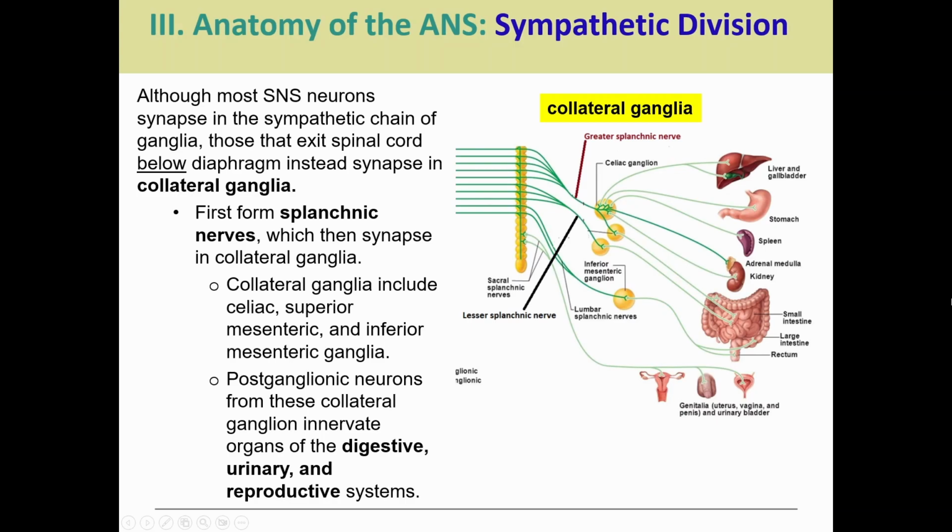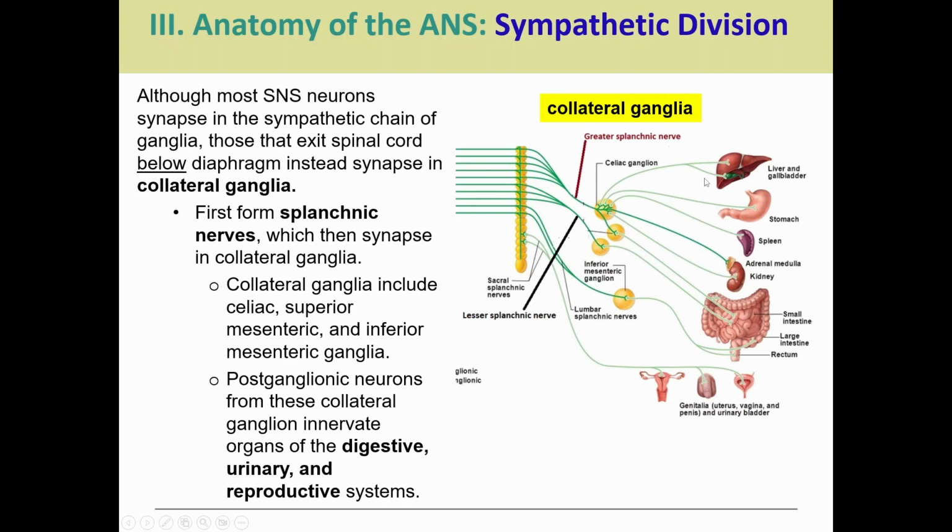Most of the sympathetic nervous system neurons do form that chain. However, that's pretty much for those above the diaphragm; anything that exits below the diaphragm uses collateral ganglia instead. So we see the inferior mesenteric and the celiac ganglion.